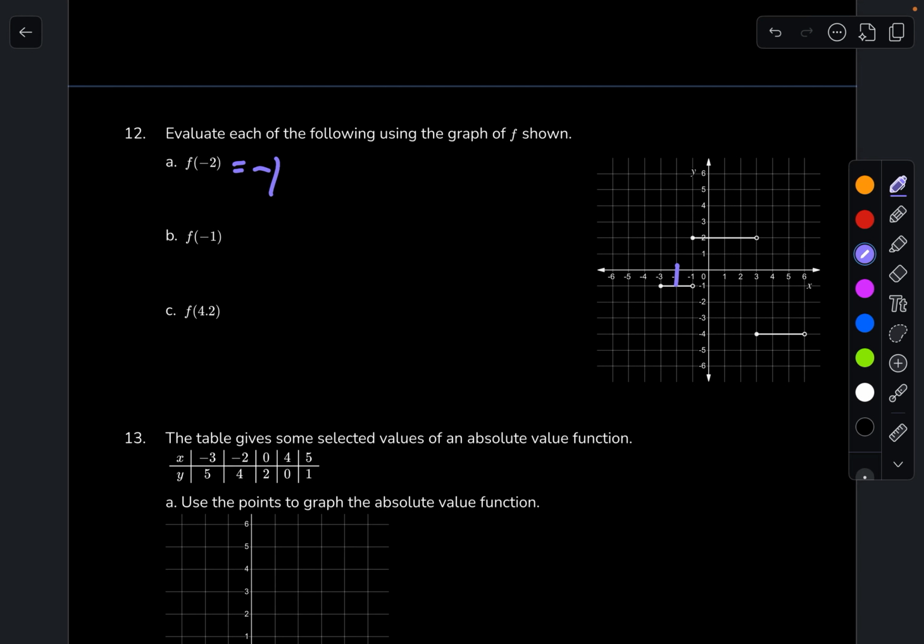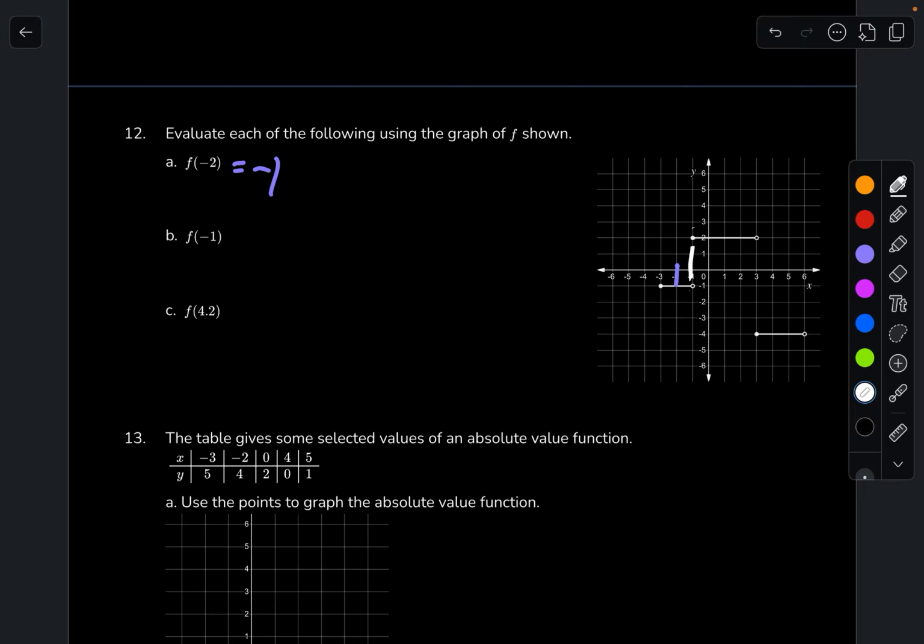It's pretty easy. At x equals negative 1, it's a little bit trickier because negative 1 is where they hand off. It's right there. What you have to look for, and this is why this is tricky, you see, you have to look for the closed part of the circle, because the closed part is "or equal to."